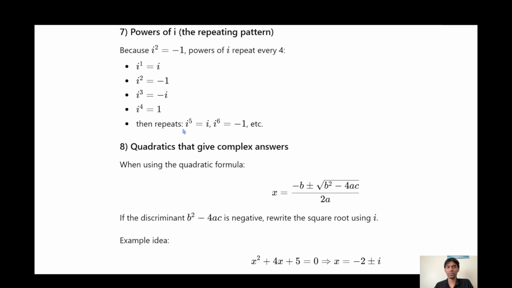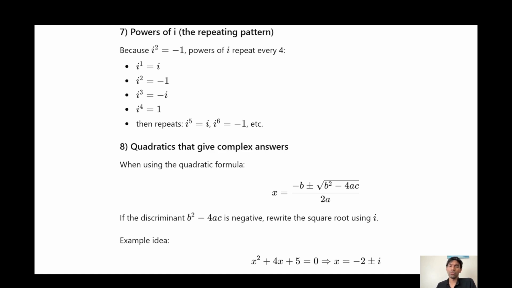This then repeats. i to the power 5 is equal to i, i to the power 6 is equal to minus 1, etc. So you can imagine, obviously, i to the power 7 would be minus i, and i to the power 8 is equal to 1.